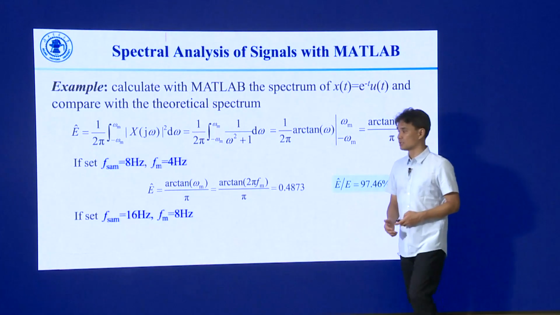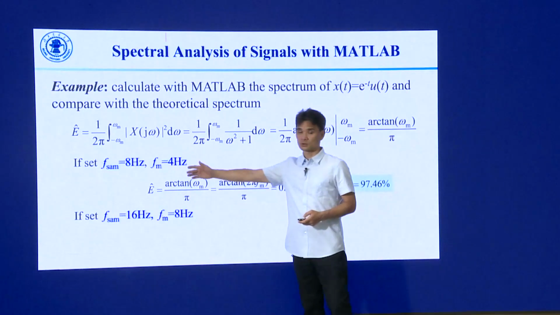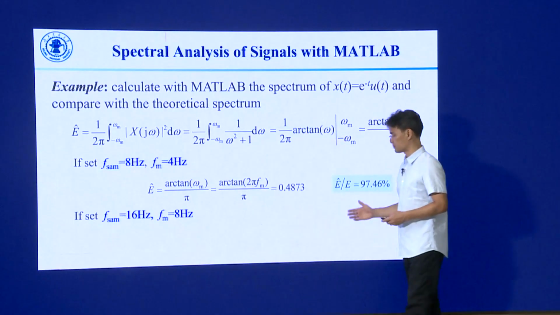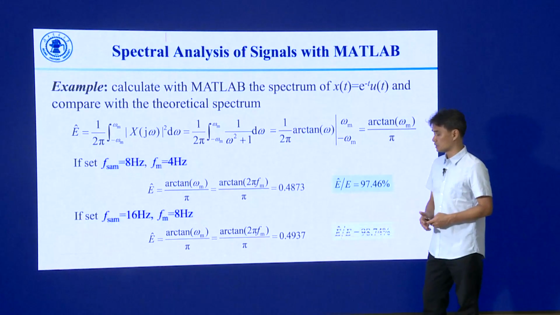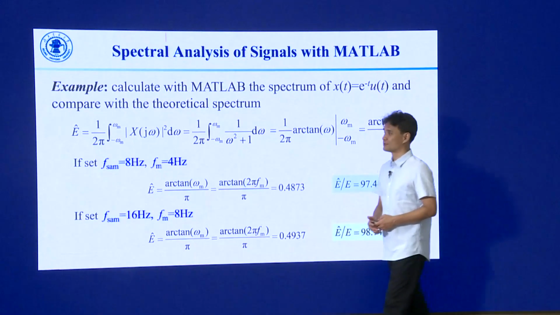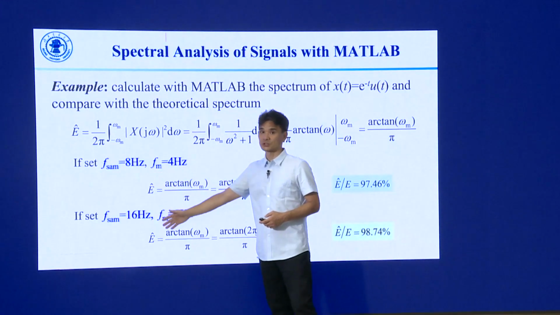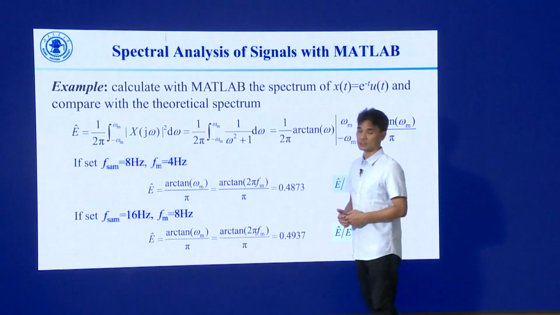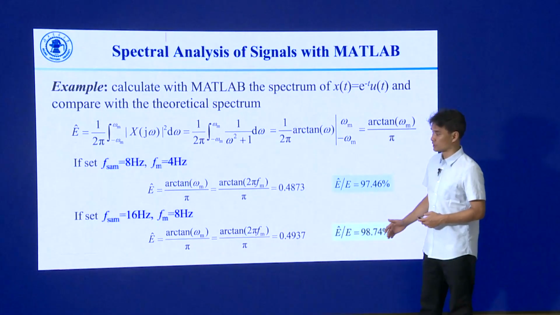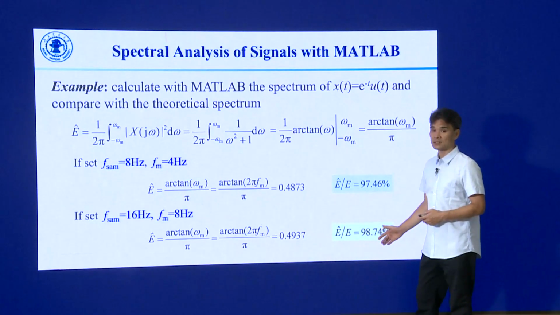And what if we increase the sampling rate? Then this percentage will be improved. So if we sample the original signal using a certain sampling frequency, then the signal will have to be distorted a little bit.